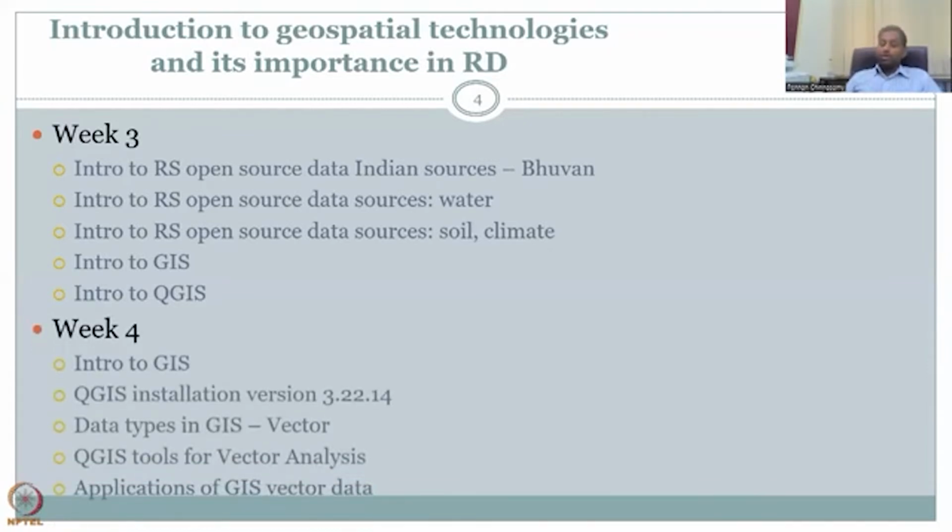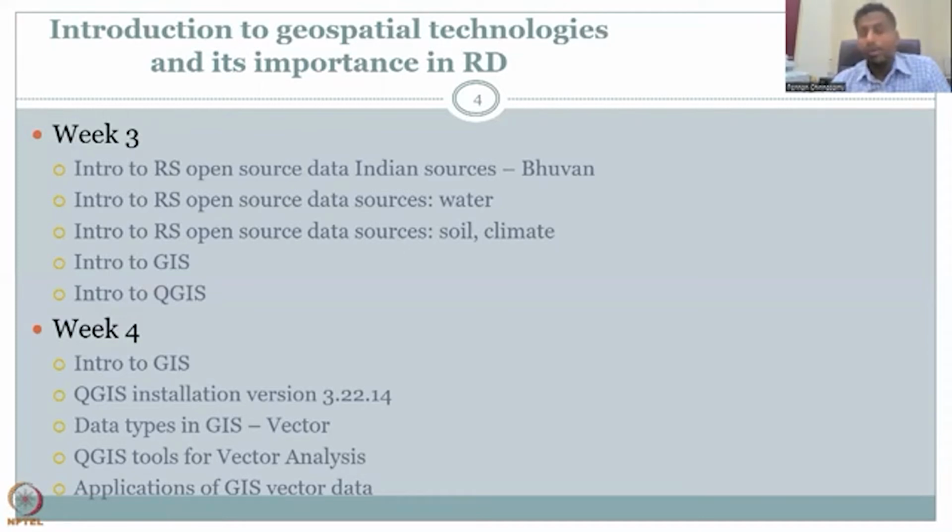We did give some more hands-on exercise. I gave another week of GIS and QGIS training. We introduced the GIS concept again, installed QGIS software, and then covered different types of data in GIS, which are vector and raster. And we discussed the tools that are available for vector analysis.